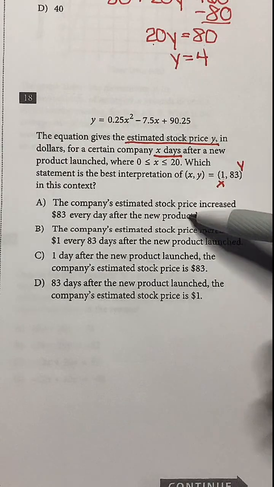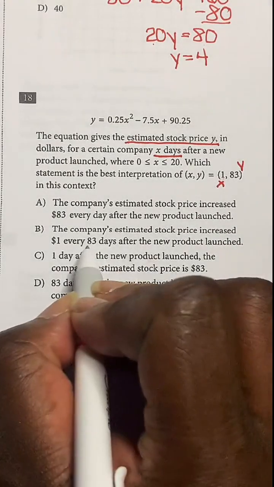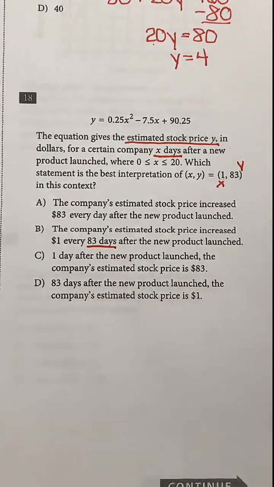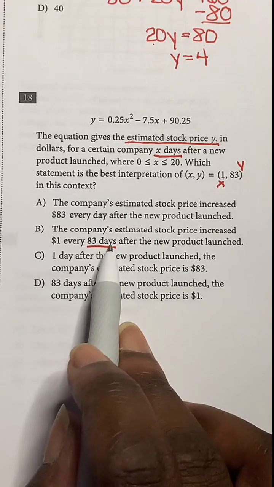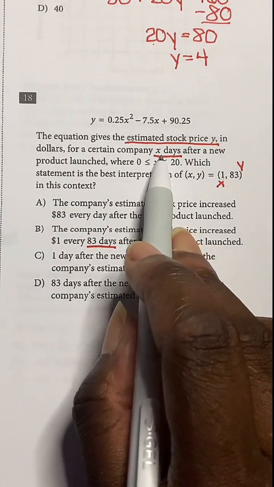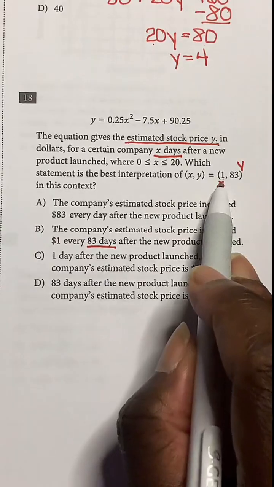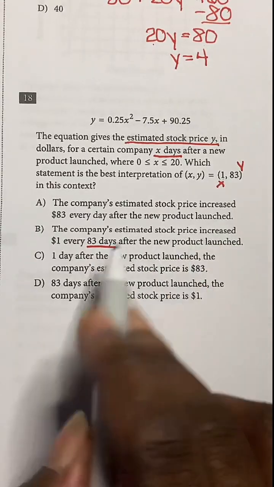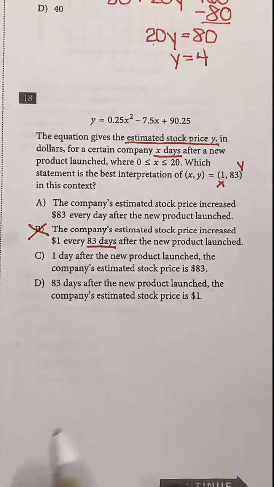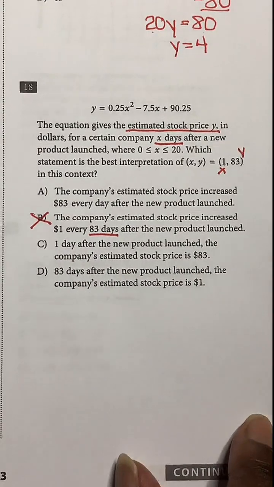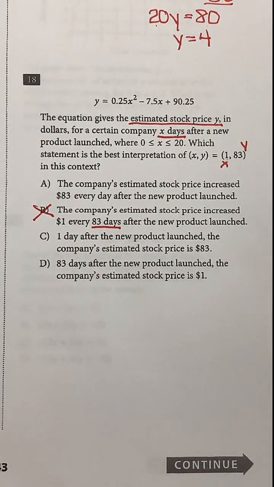So I'm taking a quick glance. I know B is not it because they're talking about 83 days. X is representing your days. My X is 1. So B is out. What else should I eliminate?